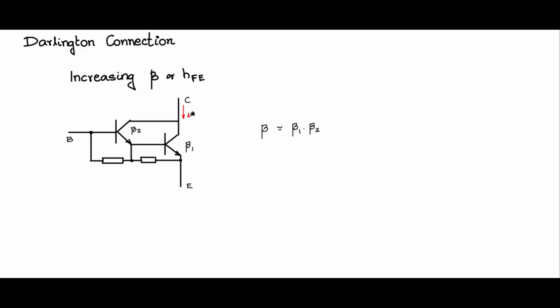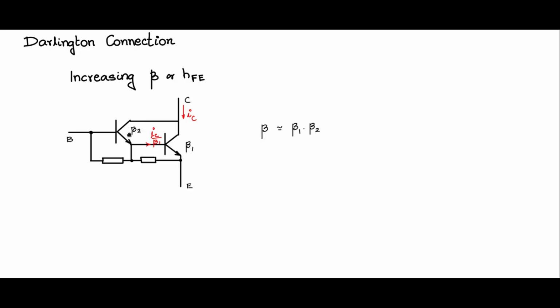So consider a collector current IC flowing in this fashion. The base current and the collector current are related by beta 1. So the base current for this first transistor will be IC by beta 1. Now IC by beta 1 is the emitter current of the second transistor, which is approximately equal to the collector current of the second transistor.